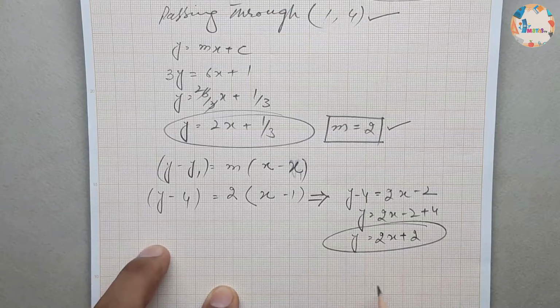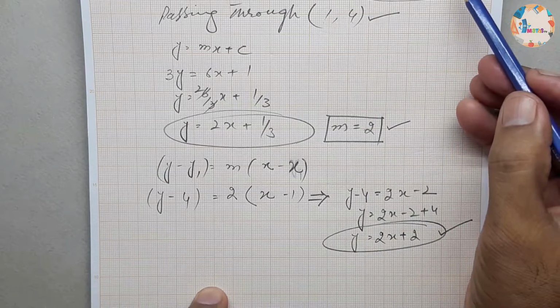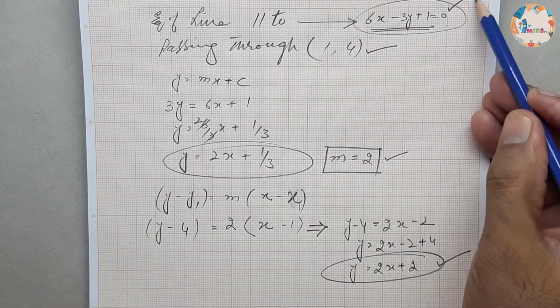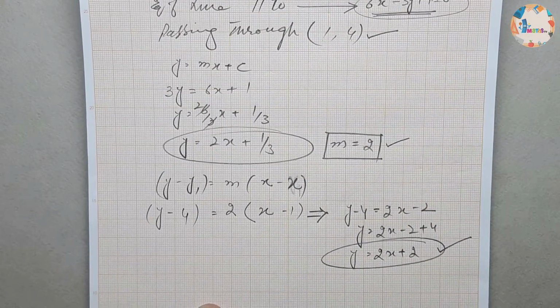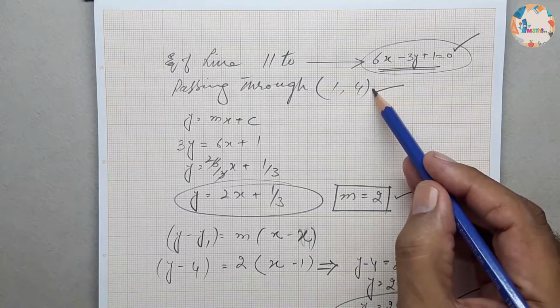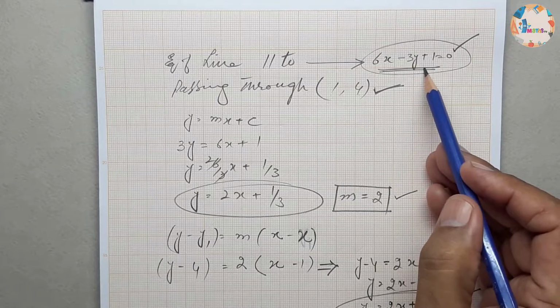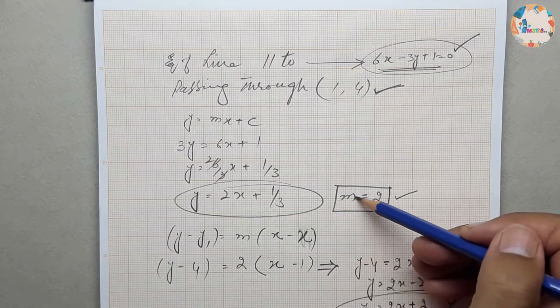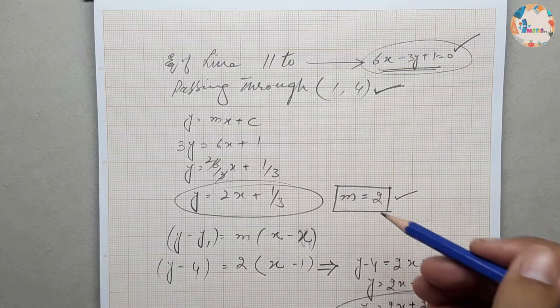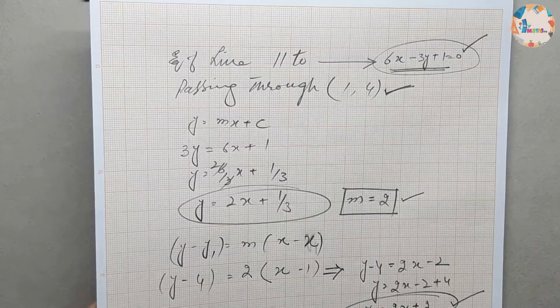So this will be the equation which is parallel to this given equation and passing through this given point. So this is how we can use the given equation, and the slope value will be the same. For parallel lines, the slope value is always the same. This is what you will have to keep in mind.